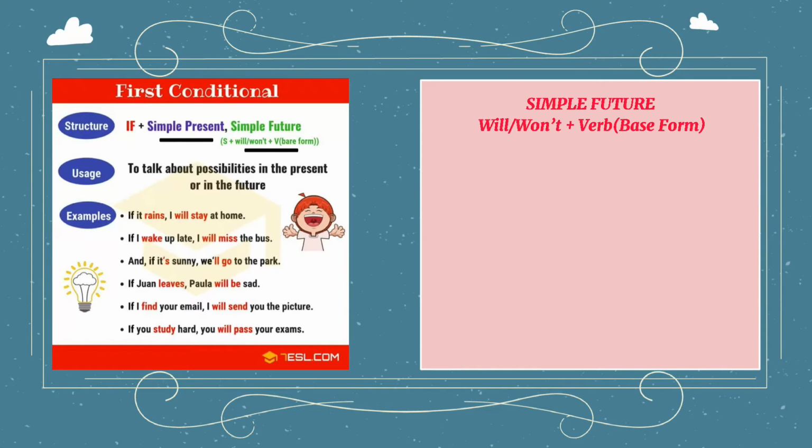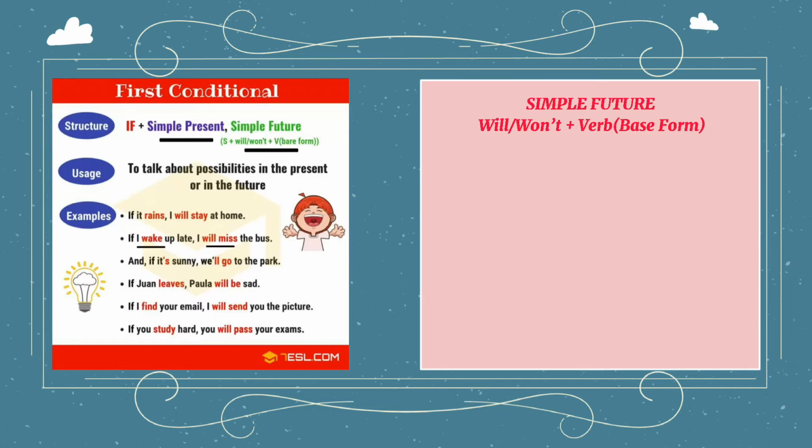So, for the examples down below, the first one: if it rains, I will stay at home. The word rains is simple present, while will stay is simple future. Second, if I wake up late, I will miss the bus.